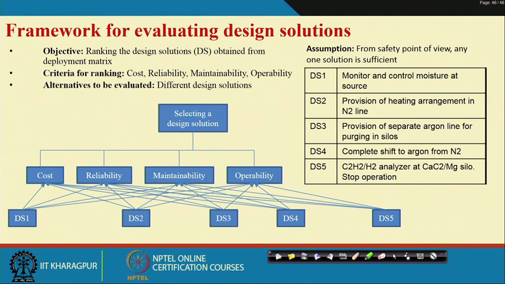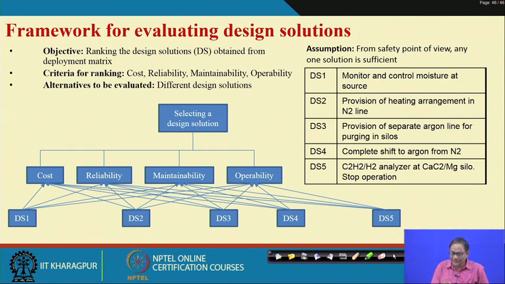We have given you the total approach, that is, how you will ultimately arrive at some of the design solutions. And in the last lecture, with reference to the desulfurization plant, we identified several design solutions, particularly for hazard 1 and hazard 6, though these two hazards require similar design solutions because they are similar in nature.